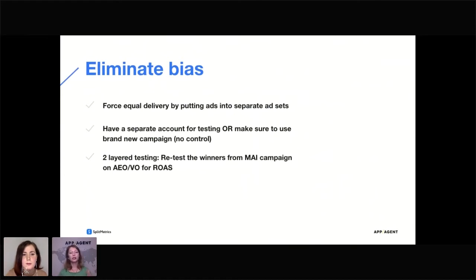Now, having a separate account for testing is ideal, because then you don't pollute your, let's say, scaling campaigns with lots of data from failed tests, as it has been found that the algorithm really does kind of remember and account for variables from similar creatives, and can really be then biased towards your creatives.